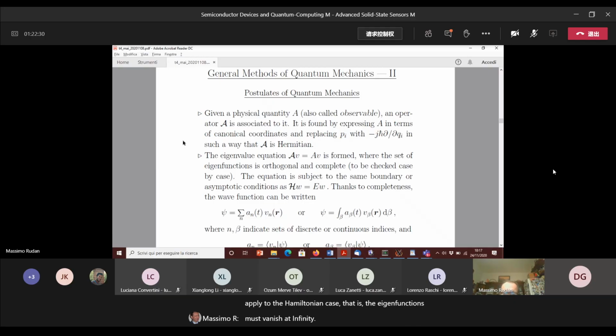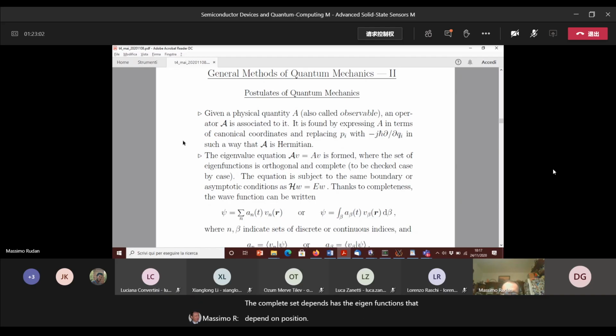At this point, we can exploit the completeness of the set of eigenfunctions. And you remember, completeness means that we are able to expand a function in terms of the complete set. The complete set has the eigenfunctions that depend on position.